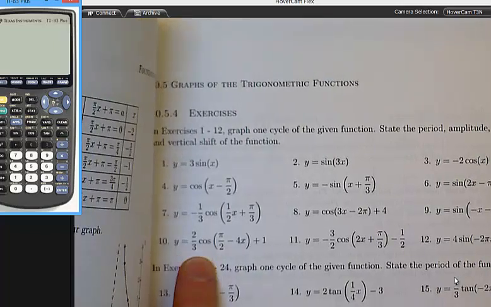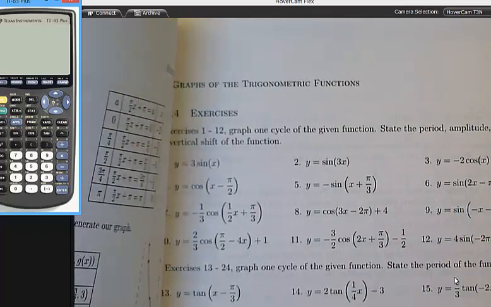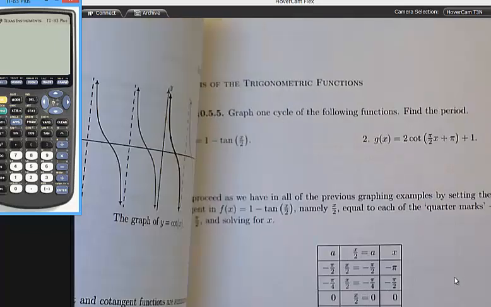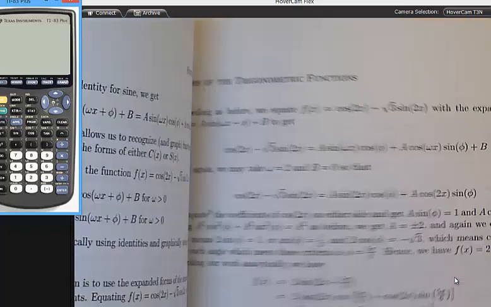I want to try problem 10. So you can write that down if you haven't. And I also want to utilize a chart, where is it? It's just a couple pages back. I'll use it with you and we'll see how it goes.